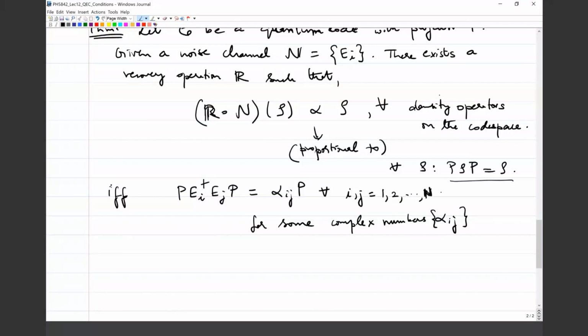So this set of error operators here may be the error operators corresponding to the complete channel, or it could be some subset of errors, which are the only errors which are corrected by that code. That depends.